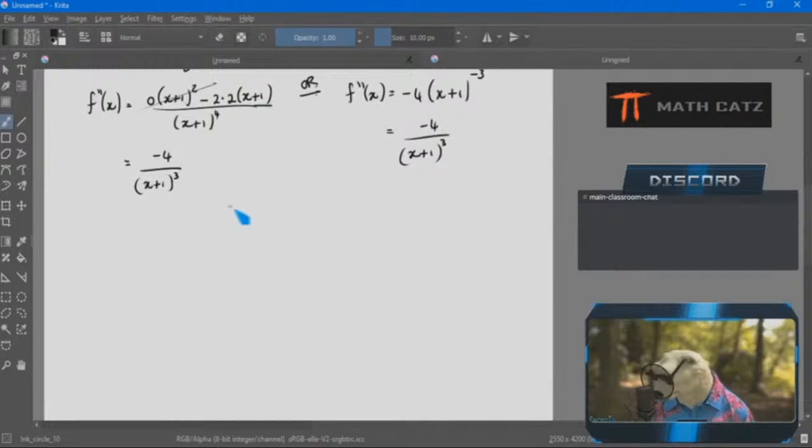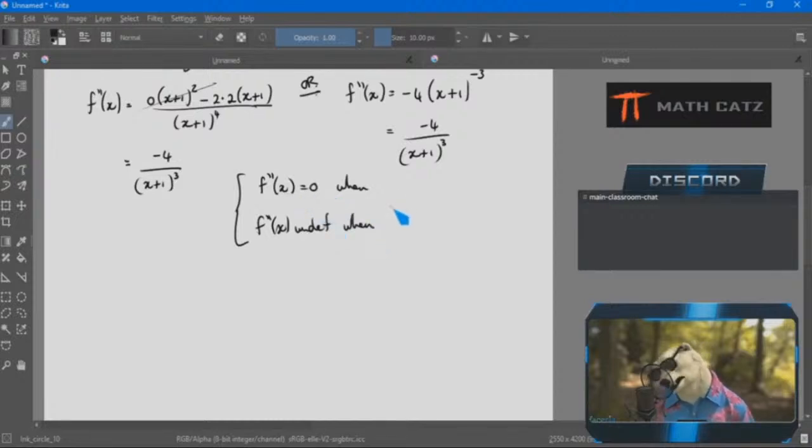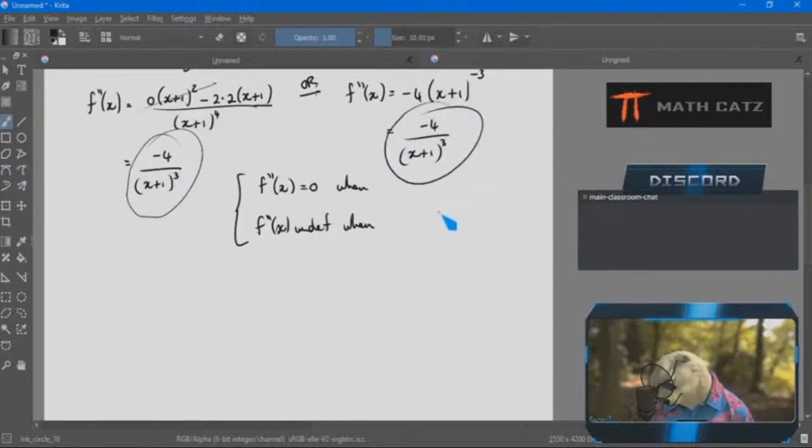So regardless of how you get it, I get the same thing, right? So the second derivative is 0 when. Second derivative is undefined when. First one, 0. Let's see if we've learned something. The second derivative, whichever one, they're the same, right? It is 0 when. For which x values will that second derivative function equal 0?